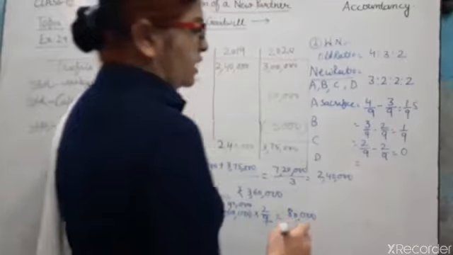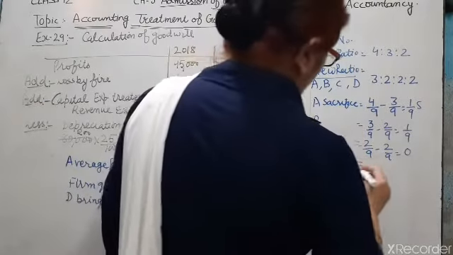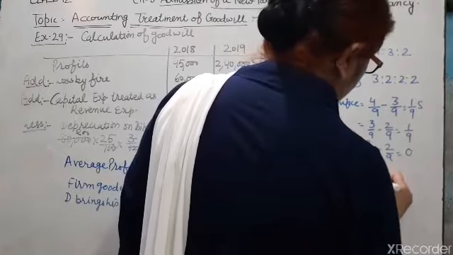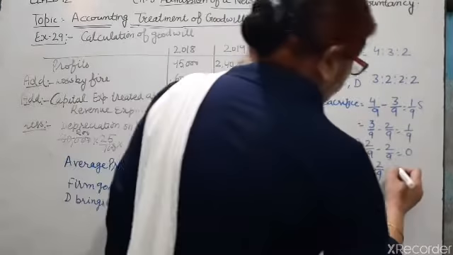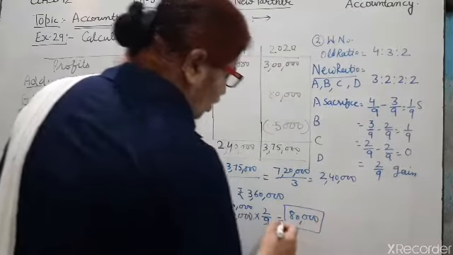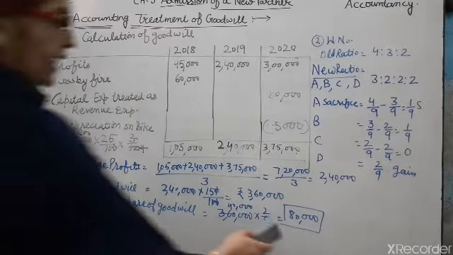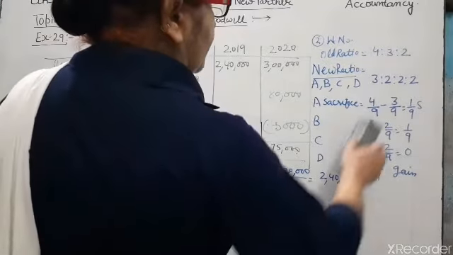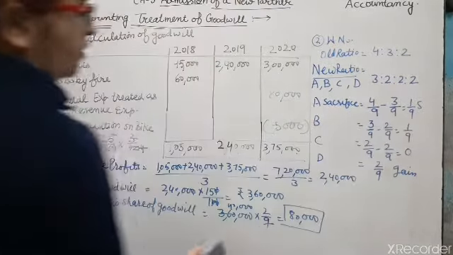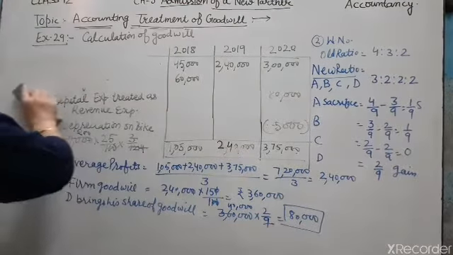C neither gains nor sacrifices, and D gains because D is the new partner. And D brings his share of goodwill, 80,000 rupees, and this 80,000 rupees is paid to A and B in 1/9 and 1/9, that means the sacrificing ratio.